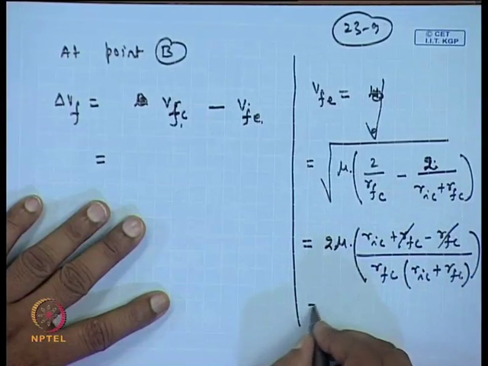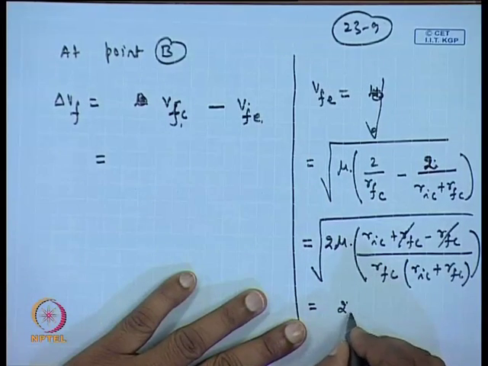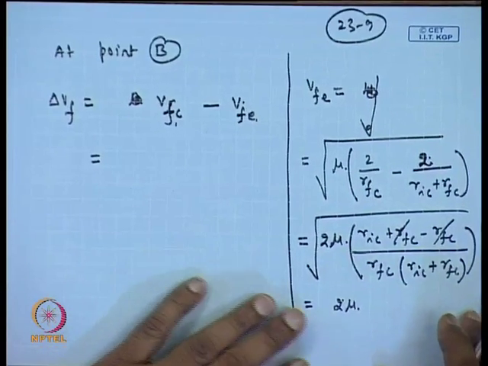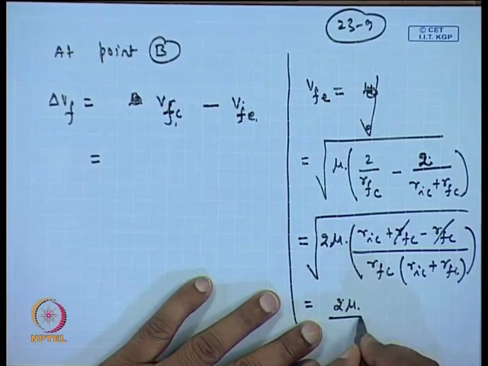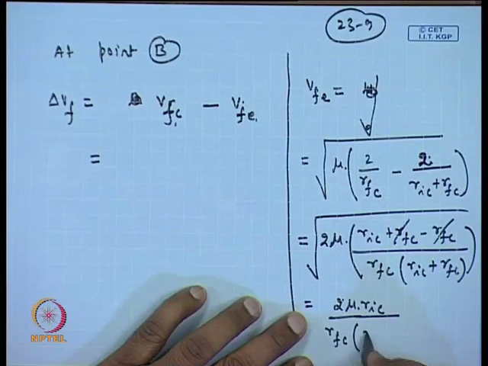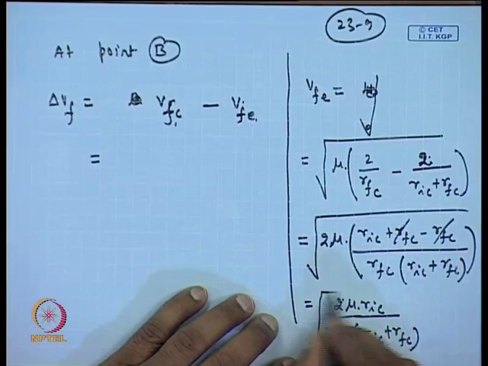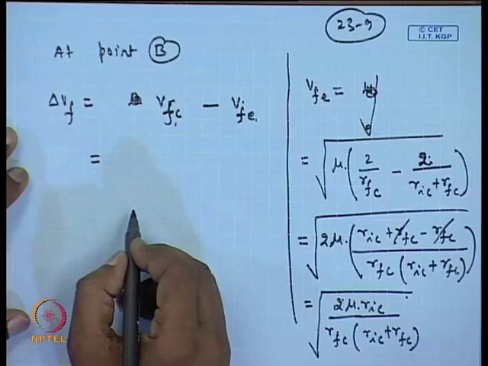This cancels out and we get here the square root of 2 mu R I c divided by R f c times R I c plus R f c. Okay, so, let us develop here further.